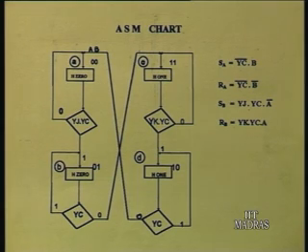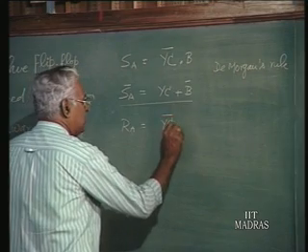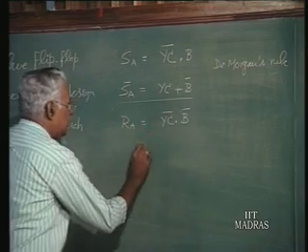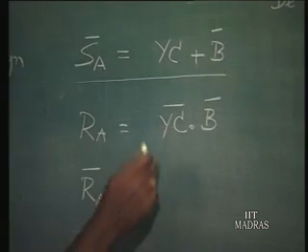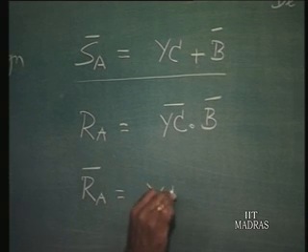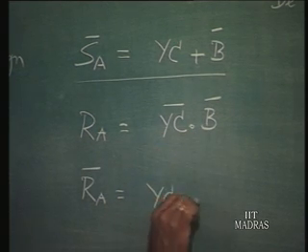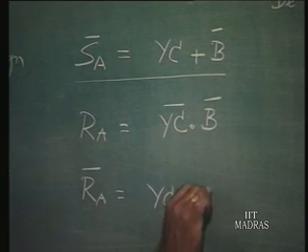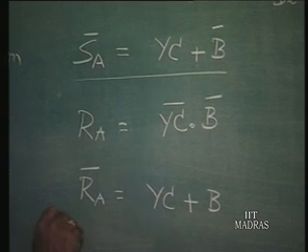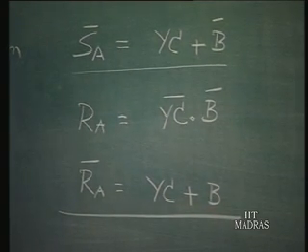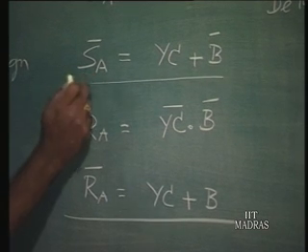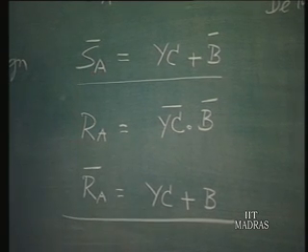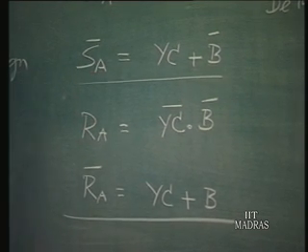So, Y C bar and B bar. Now, from which we get R A bar as the complement, which is Y C, and instead of B bar you complement it, you get B. So, that is what you have. Now we have for the state variable A one SR latch.